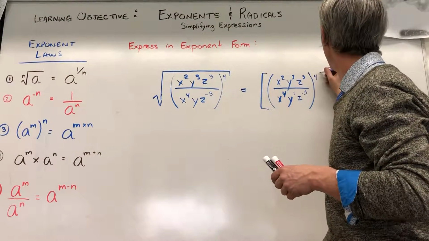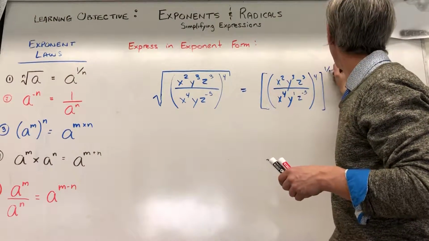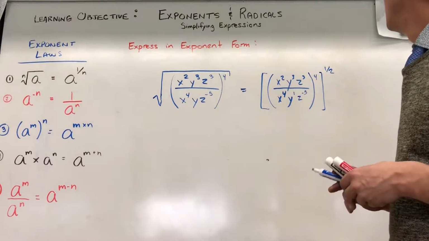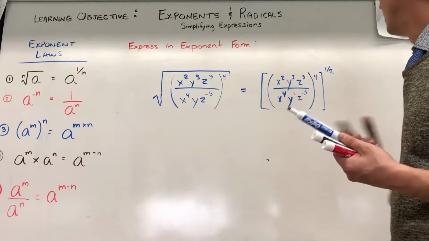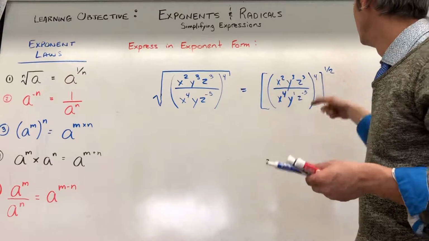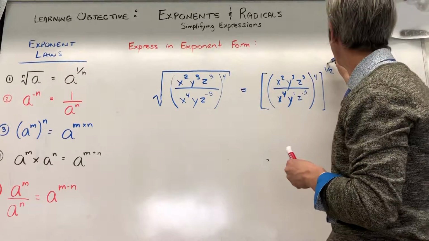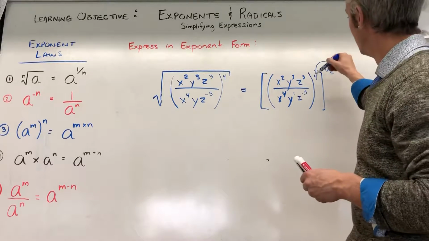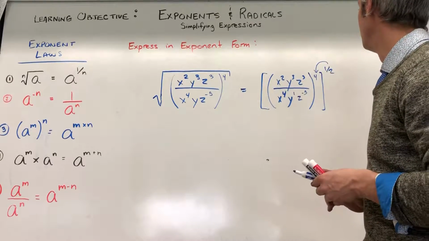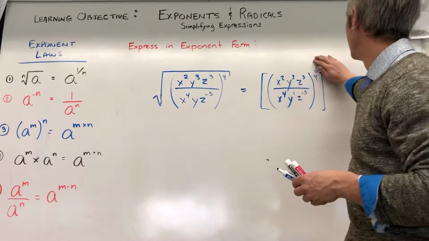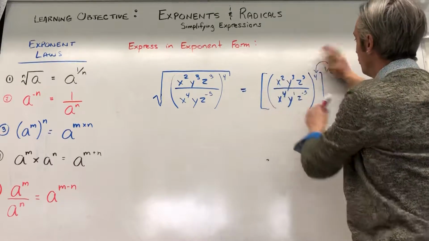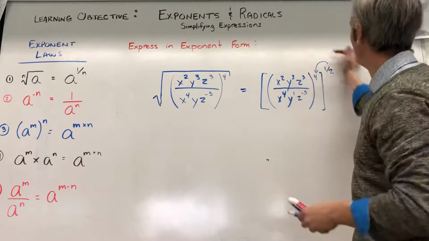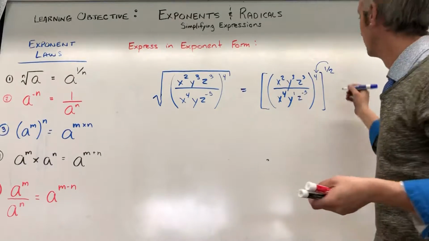To the power 4, all to the power 1/2. Now, I could work inside here first and then do this, but I'm going to apply the 1/2 right now, because this is going to do everything inside. I could also work this all through and then apply the 1/2, but it doesn't matter what order.